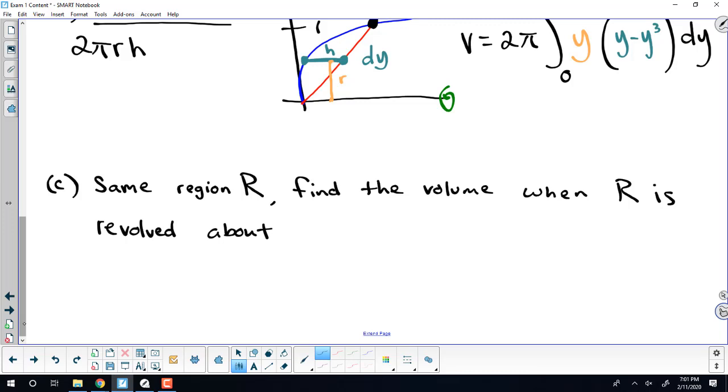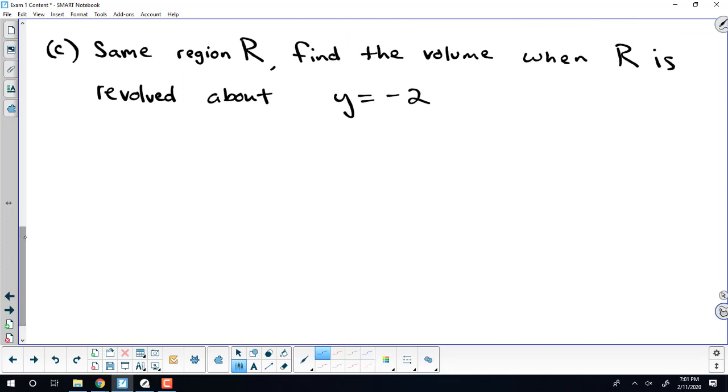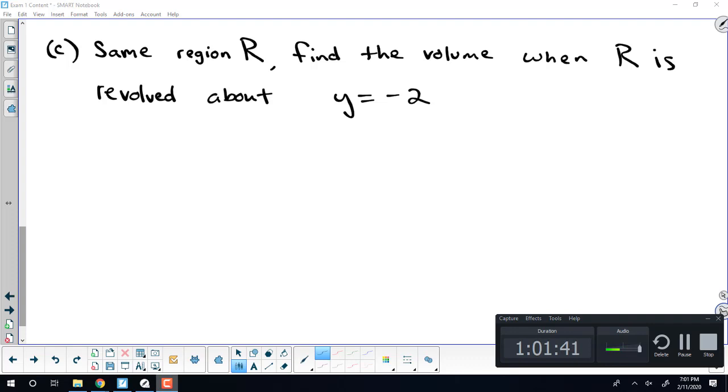Let's say y equals -2. So we'll maybe look at this, and when we revolve it around y equals +2 as well. Do you care what method? Yeah, we should probably parse this up into looking at it from discs, washers and shells. So looking at both of them, I think, is what we should do. But we'll take a break for right now, and then we'll look at this with discs, washers and shells.